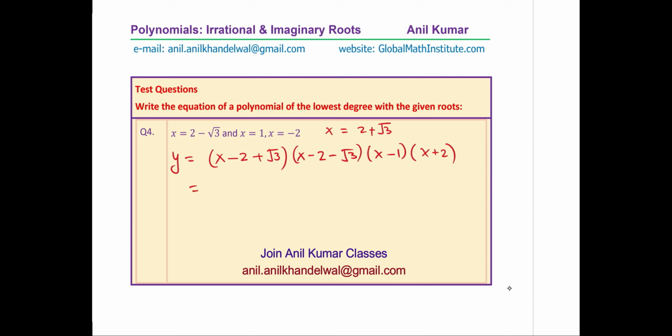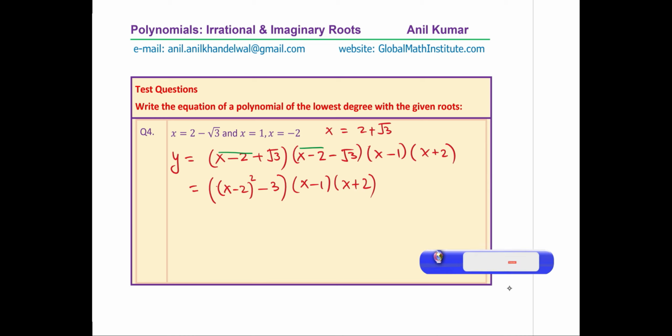Now, once again, let us see our strategy to expand this. So this is a difference of squares, right? So what we get here is on expanding x minus 2 whole square, which is, let me write this as x minus 2 whole square minus square root 3 square, which is 3, times x minus 1 times x plus 2.